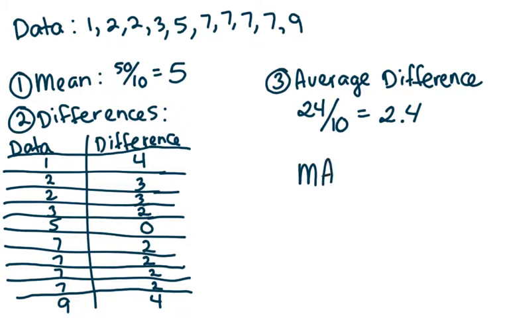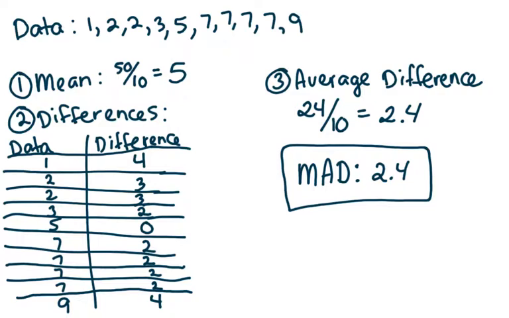So the MAD, or the mean absolute deviation, of this data set is 2.4. This MAD tells us that this data set is relatively consistently packed around its mean. So there's not a lot of variation amongst the data values and the mean.